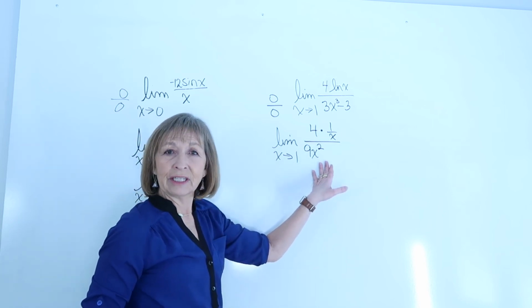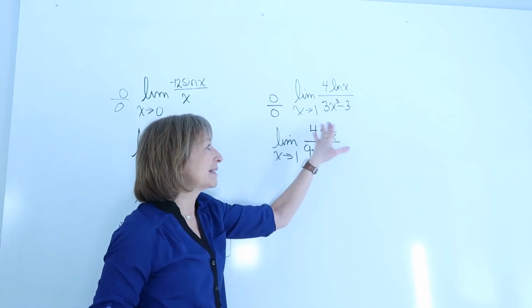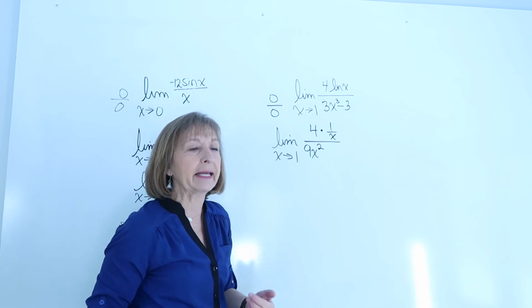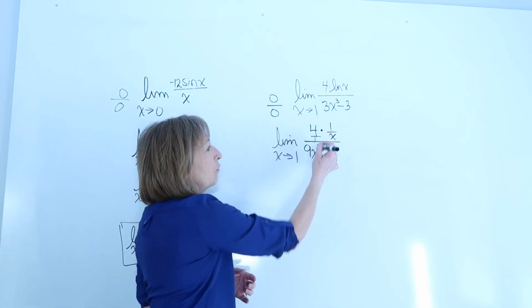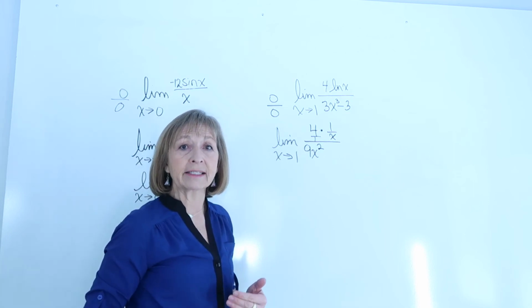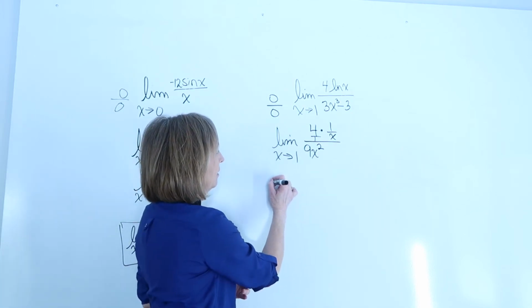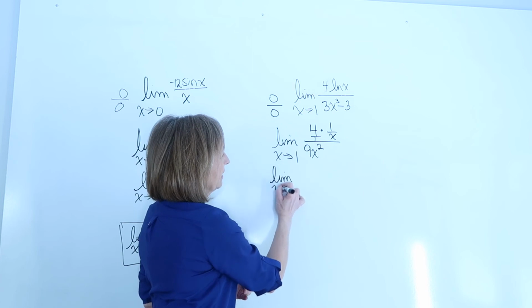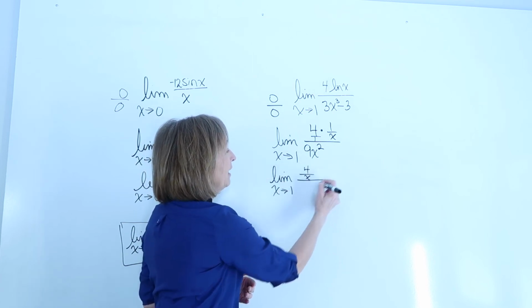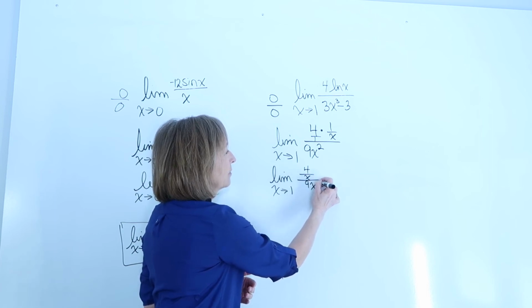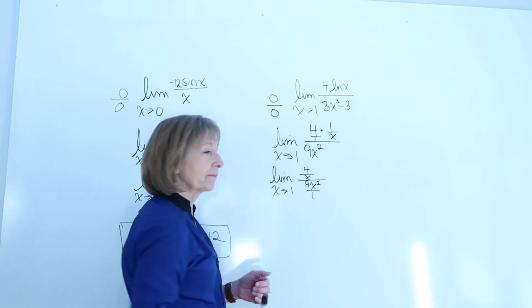Now, I have to look at this in terms of a simplified form before I try to see what's going on with this. In the numerator, that's 4 over 1 times 1 over x, so that's 4 over x. So this is the limit as x approaches 1 of 4 over x divided by 9x squared over 1.